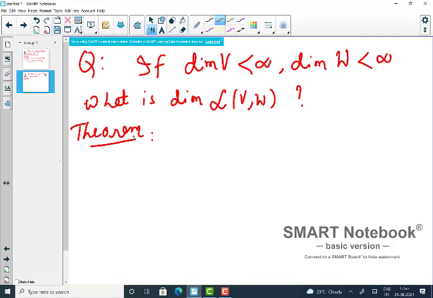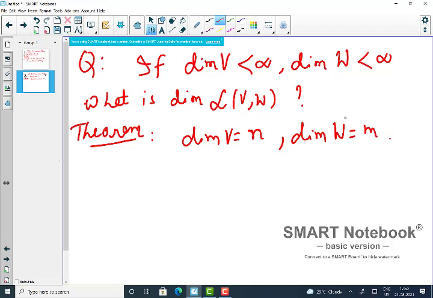So what does the theorem tell you? Let us assume that the dimension of V is n, and the dimension of W is m.